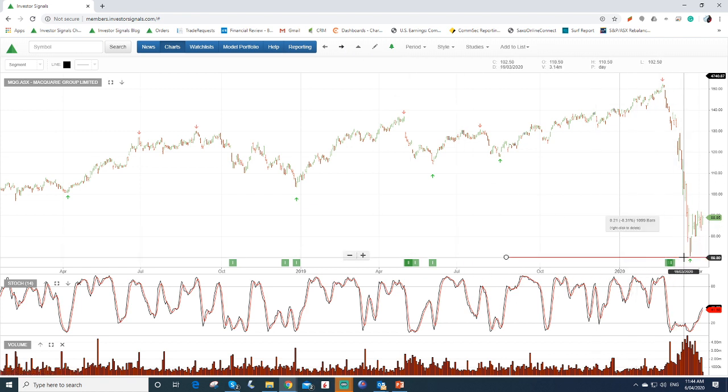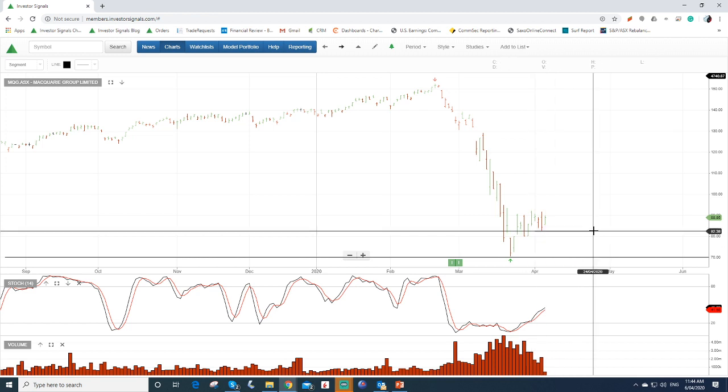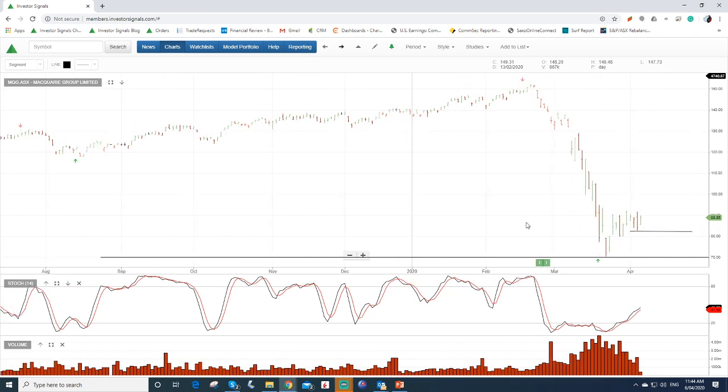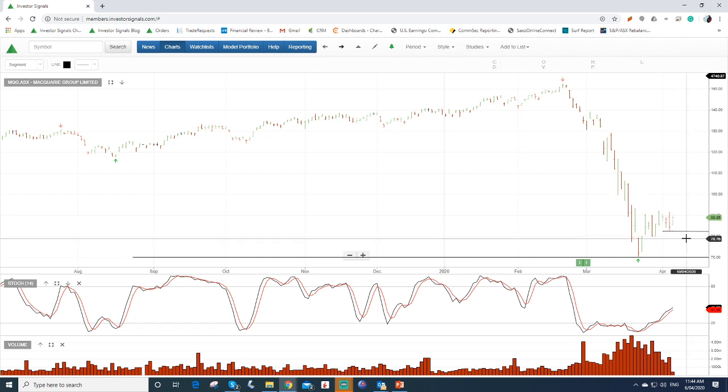So Macquarie, it's bounced off 70, trading at 88. If you're looking at this from the long side, you may opt at putting in a tighter support line below the low there of 82.73, and if you're going to have any long exposure, you run a stop loss below that.